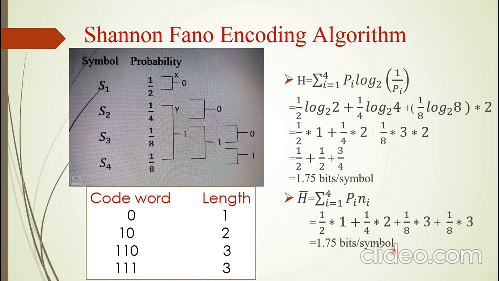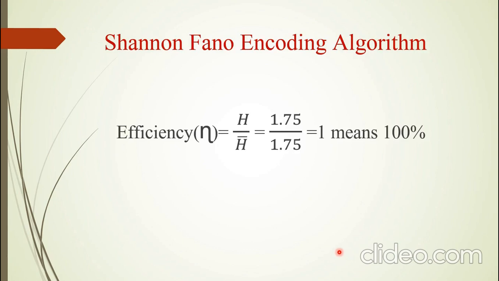Now ultimately we have H and H bar, and both are 1.75. It means its efficiency is eta equal to H by H bar. So 1.75 by 1.75, the value is 1.